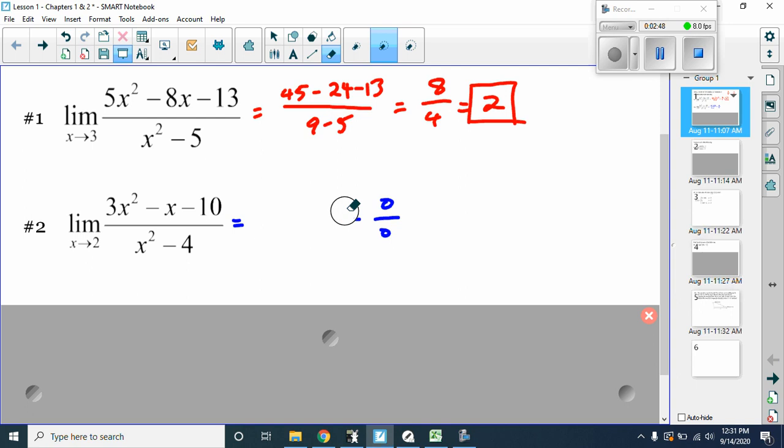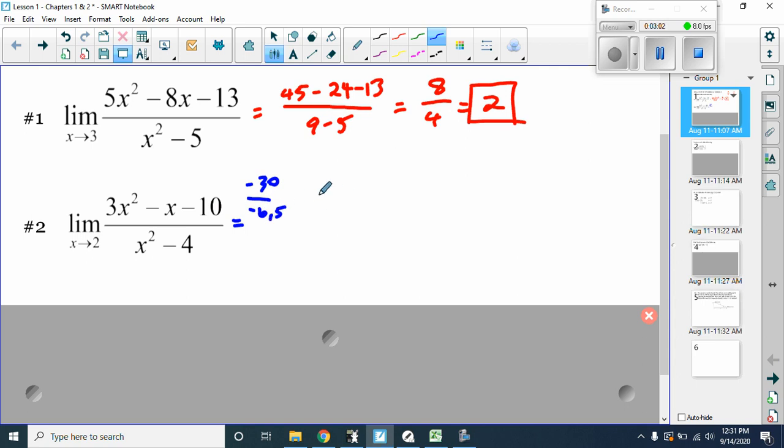So if we factor the numerator, I would do 3 times negative 10 is negative 30. Numbers that multiply to negative 30 and add up to negative 1 would be negative 6 and positive 5. So we've got 3x squared minus 6x plus 5x minus 10.